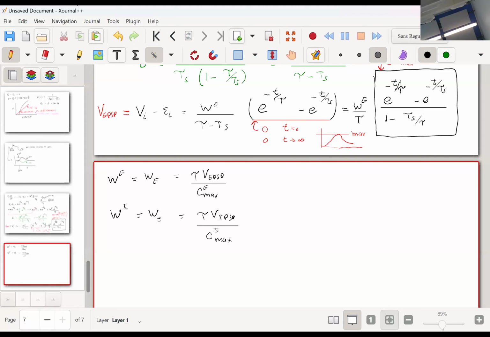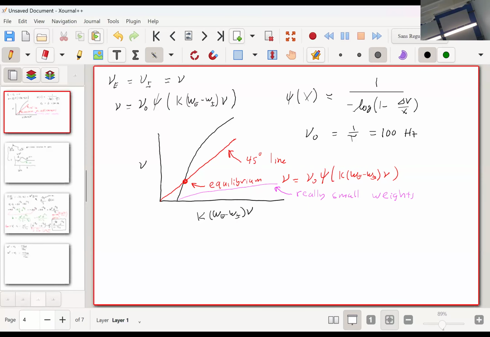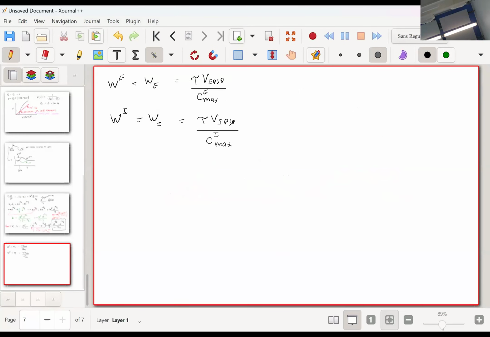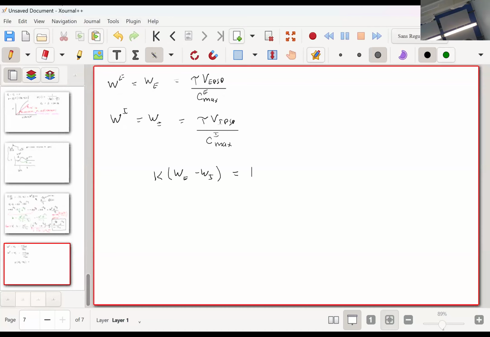Okay. And so now the quantity of interest, if you remember, is K times WE minus WI. So K times WE minus WI is equal to K. I'm going to put a tau here.